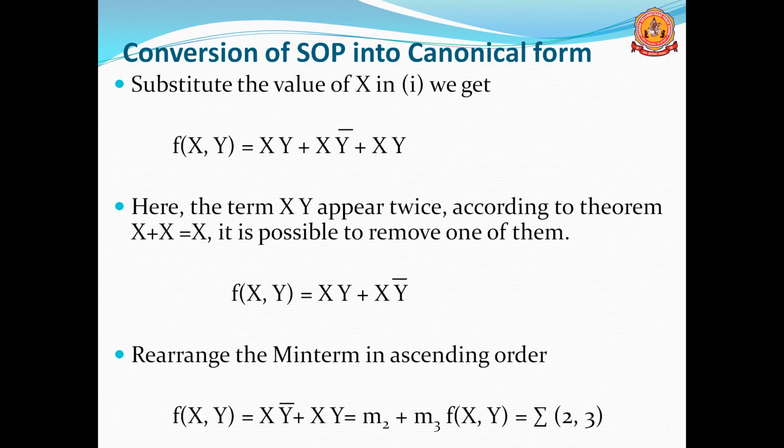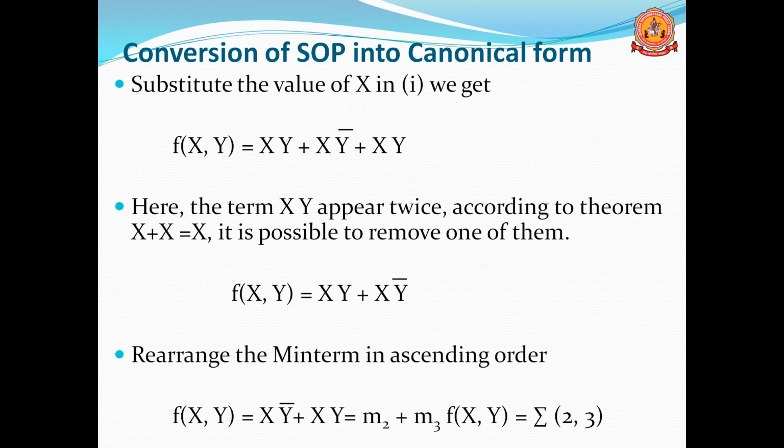Here xy appears two times. According to the theorem x plus x equals x, it is possible to remove the duplicates. Whenever duplicates are available, it is possible to remove them. So the expression will be f of x, y equals xy plus xy dash.